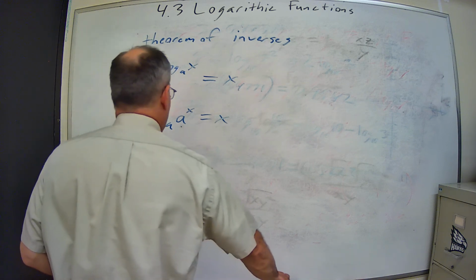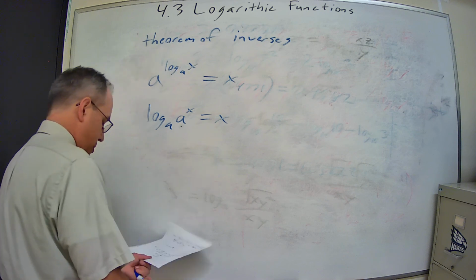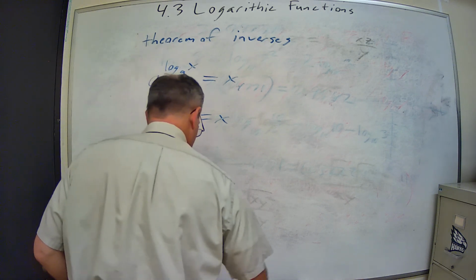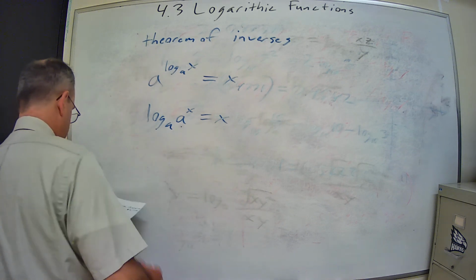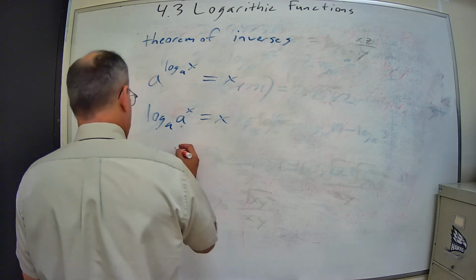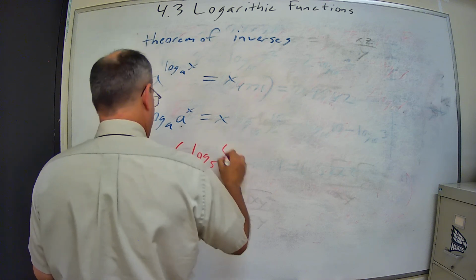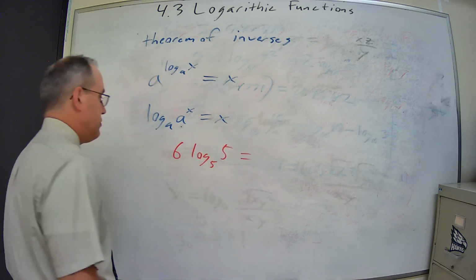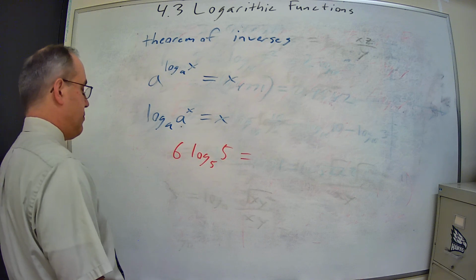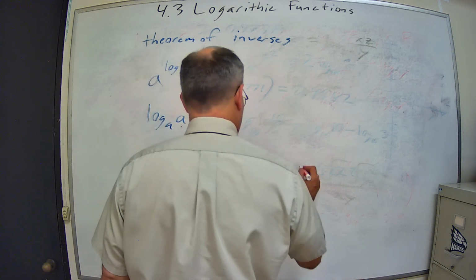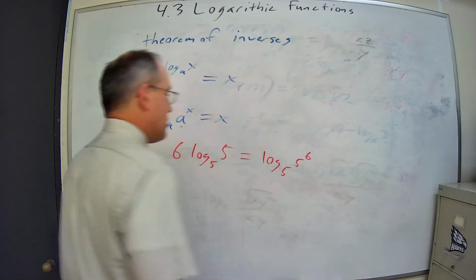So basically, what that allows us to do, and let me just switch back to my red marker for this last thing, is if I have 6 log base 5 of 5, well, can't that be written as log base 5 of 5 to the 6?